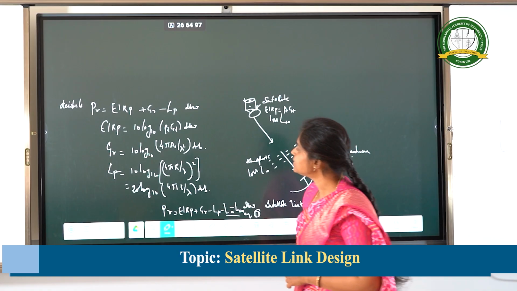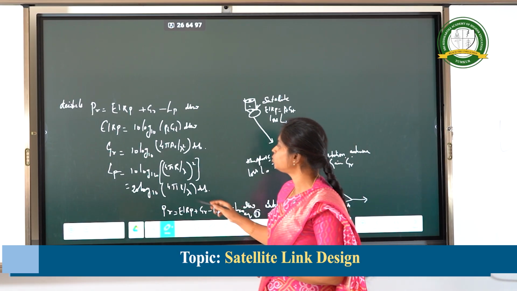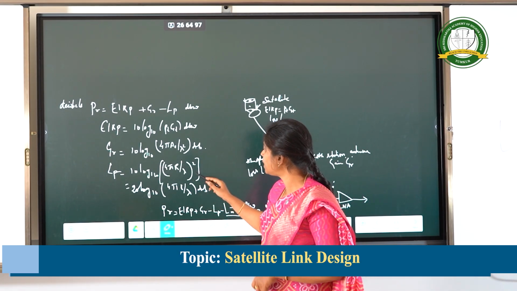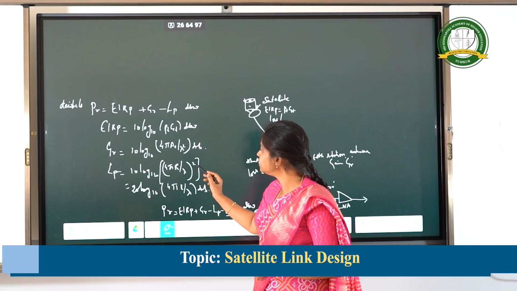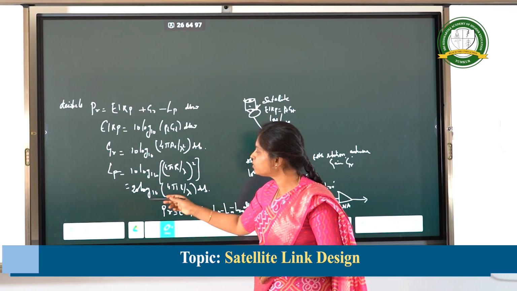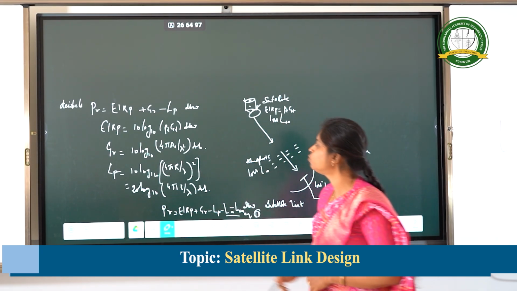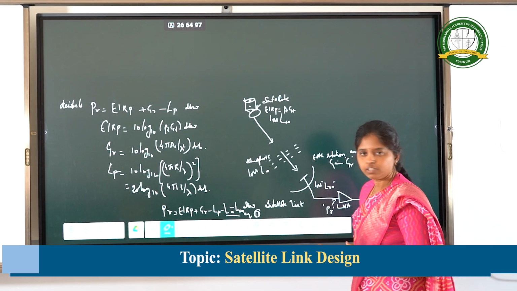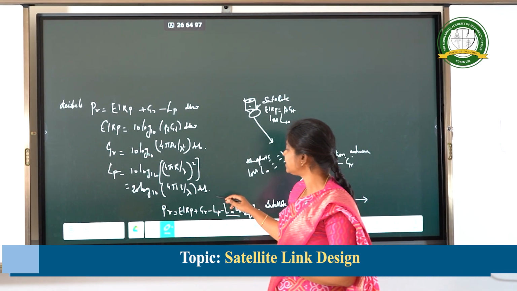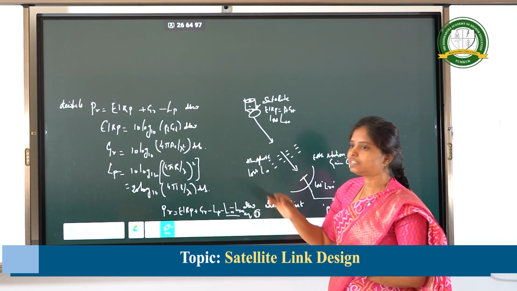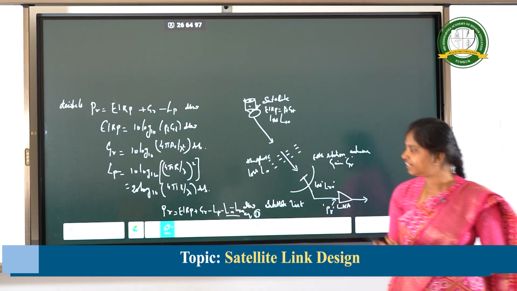Again, the path loss can be written as 10 log to base 10 of (4 pi r by lambda) whole square. Since this has the square, you can also write it as 20 log to base 10 of 4 pi r by lambda, represented in dB. So this is the representation in terms of decibels.